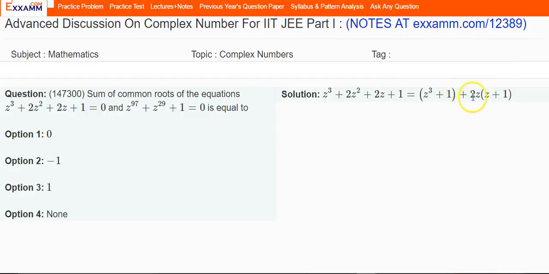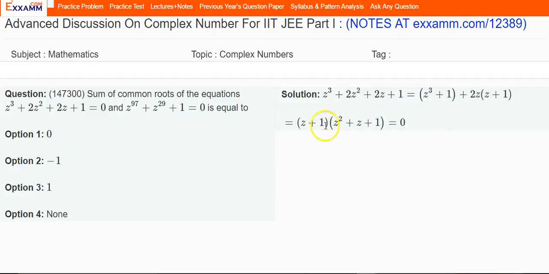Now, if from both the sides we take z plus 1 common, what do we get? In this we will be left with z square minus z plus 1, and here we would be left with 2z. So we get z plus 1 multiplied by z square minus z plus 1 plus 2z, that is z square plus z plus 1. So this is z plus 1 times z square plus z plus 1 equal to 0.